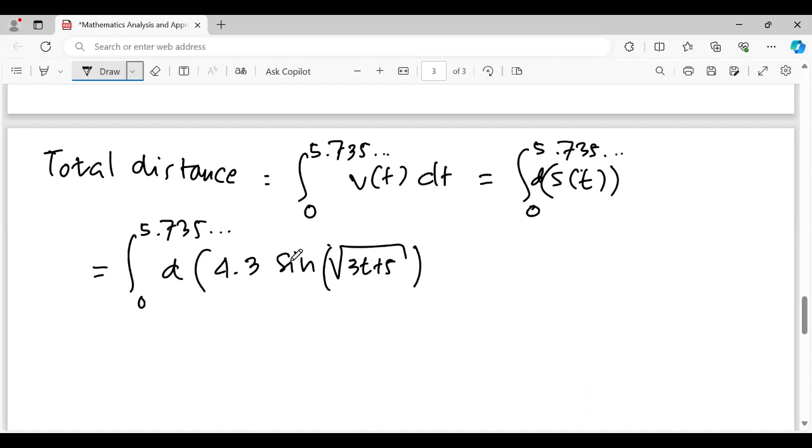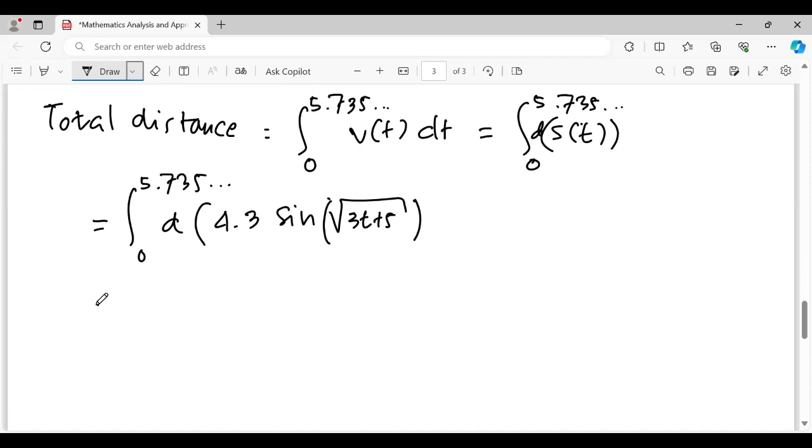After that, substitute this number and this number.